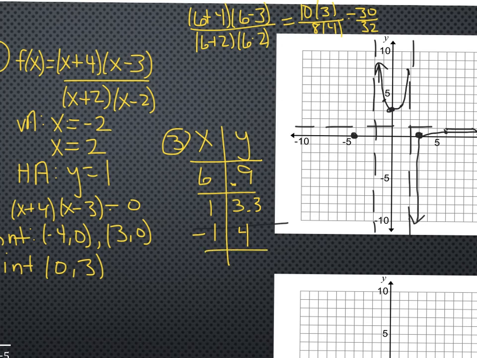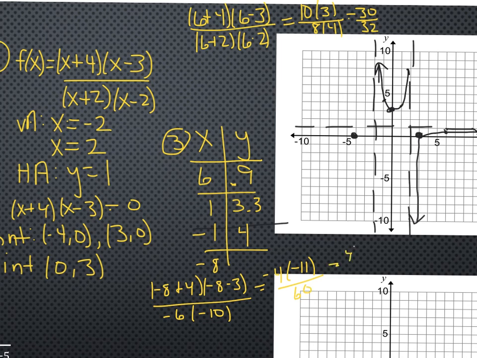Now, we need to do something to the left of negative 4. So, I don't know, let's try negative 8. Negative 8 plus 4 times negative 8 minus 3 over negative 8 plus 2, which is negative 6, times negative 8 minus 2, which is negative 10. So it looks like we'll have negative 4 times negative 11 divided by 60, or 44 over 60.